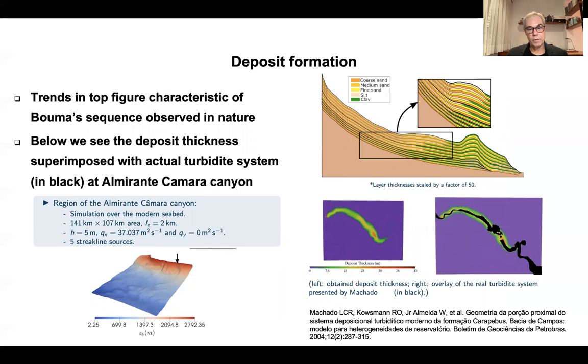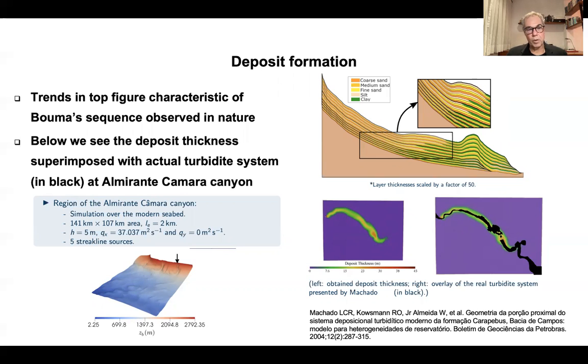So you can see the deposit formation on the right and top right. And the trends in the top figures are characteristic of the Bouma sequence observed in nature. And in here, on the left below in this picture, you can see the point of injection and the bathymetry. The area is about 140 kilometers by 100 kilometers with a height of 2 kilometers, basically a shallow water system.